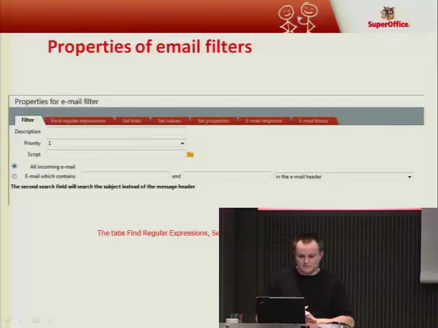These are some of the properties of the email filter that we can set. Description. Be sure to have a nice description. One of the things that I have noticed is if you tend to have a lot of email filters, adding the date when you created the filter is a good practice, because we don't store any of that information.